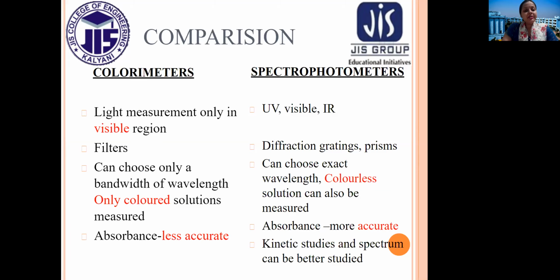In colorimeters, we can choose only a bandwidth of wavelength, and only colored solutions can be measured. In a spectrophotometer, we can choose the exact wavelength, and colorless solutions can also be measured. Here absorbance is less accurate, here absorbance is more accurate. Kinetic studies and spectrum can be better studied.